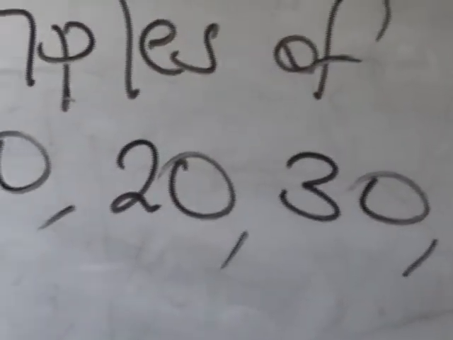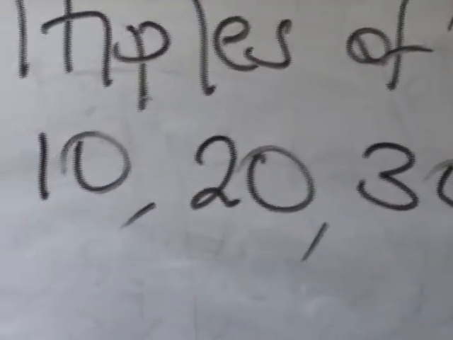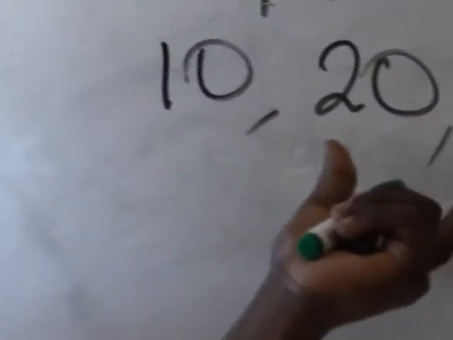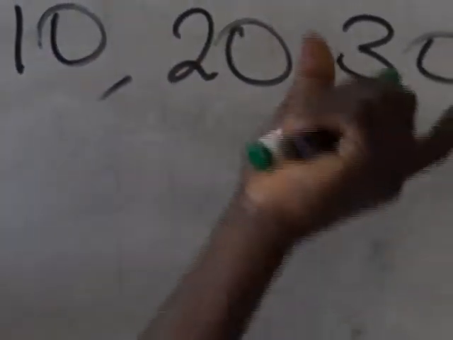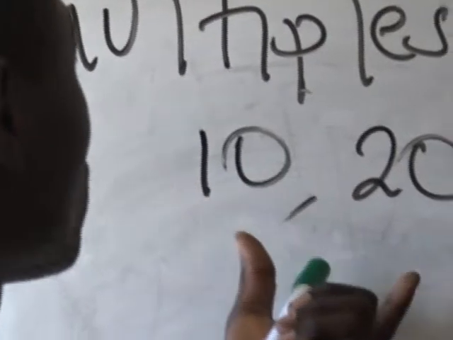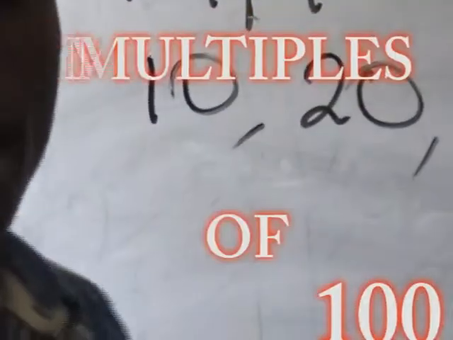Multiples of 10 are infinite. What are the multiples of a number? It means the numbers that are obtained by multiplying that number. So it's 10. 10 times 2, we get 20. 10 times 3, we get 30. That's what we call a multiple of a number.